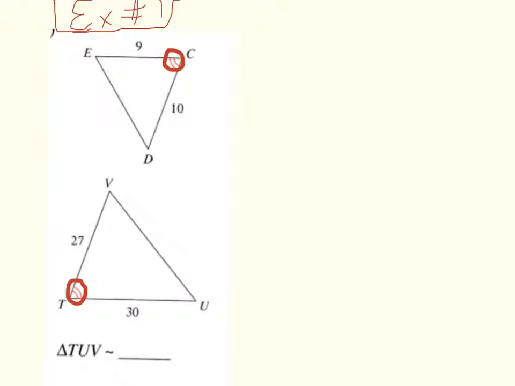Well, I need to rotate these triangles to keep them the same to understand what I'm doing. So I'm going to take this littler triangle here, and I'm going to put the C in this corner to match that up. Now the question is, do I rotate it around, or do I flip it and rotate it? Well, the way to identify that is to look at the smallest side, which is 9, and this is the smallest side, which is 27, to line those up together.